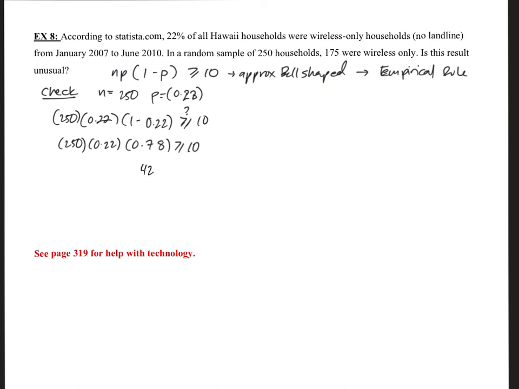And we get 42.9, which is greater than or equal to 10. So yes. Because np times 1 minus p is greater than or equal to 10, we can use the empirical rule.